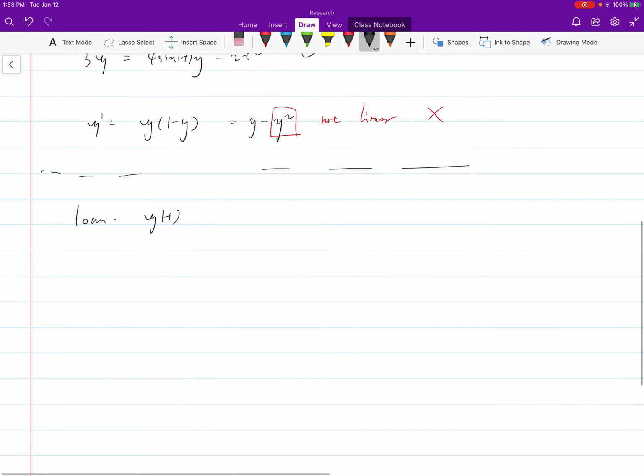Okay. Now we have the interest rate. Let's just take an easy number, 1% per month. And then you take the monthly payment, probably $700.